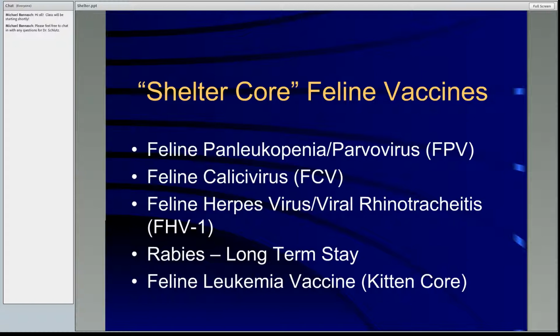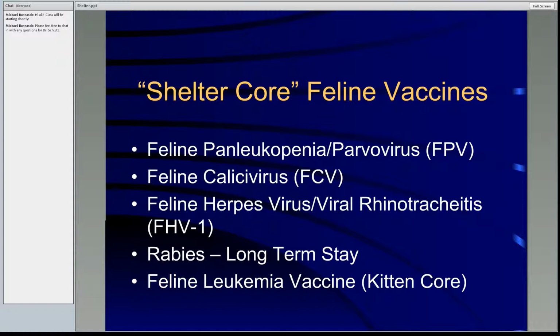if in fact the shelter is testing for FeLV and FIV, and if that animal is not positive for FeLV, then another vaccine that should be considered would be, especially for kittens, the feline leukemia vaccine.